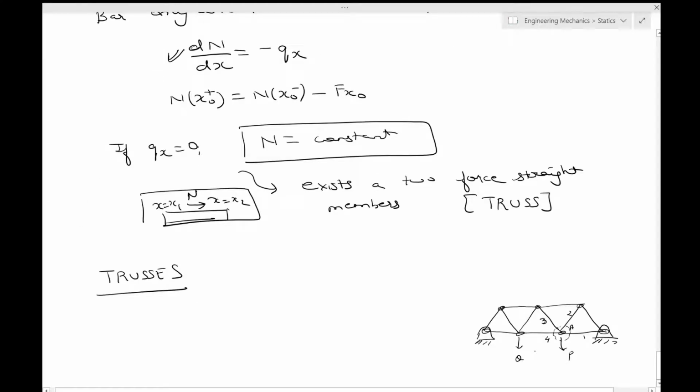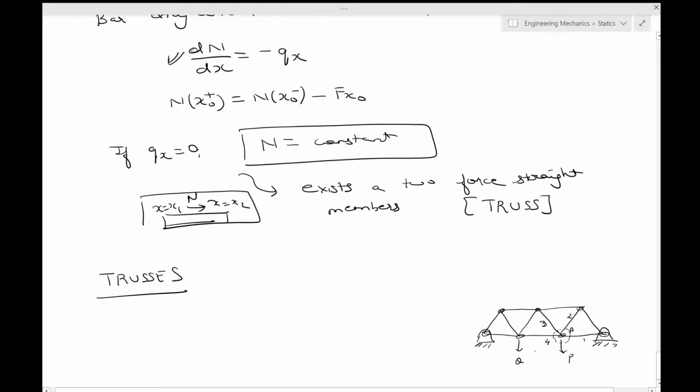If you look up the picture of any bridge or a telephone tower or television tower, you will see a truss structure. It looks like this, what you see in the diagram in front of you. So we will try to study that and then try to see how we can find the forces at each element of it.